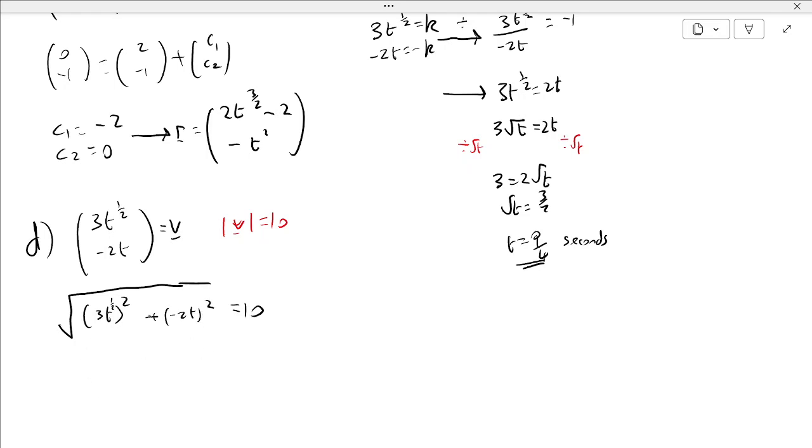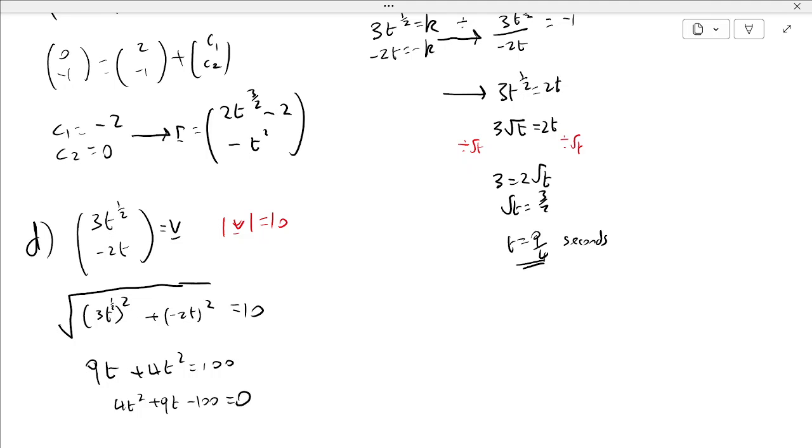So squaring both sides, I get 100, and I'm going to get 9. Now t to the half squared, root t squared, is just t. That's plus 4t squared equals 100. So 4t squared plus 9t minus 100 equals 0.